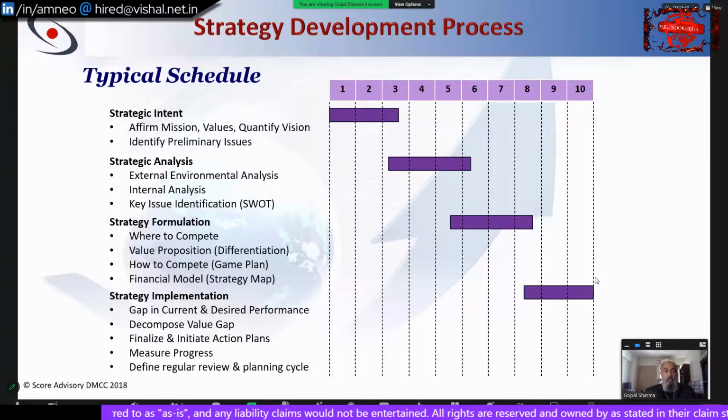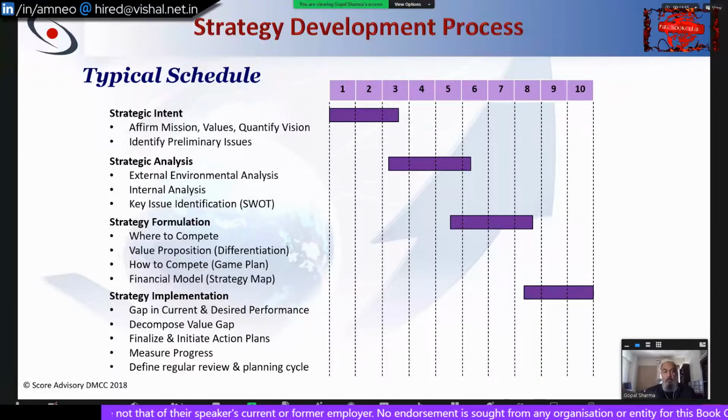And that we call SWOT analysis. SWOT stands for strengths, weaknesses, opportunities, and threats. We will be looking into SWOT analysis a little later in detail. Once you identify the key issues, then you develop your strategy, that these issues, whether positive or negative, how you are going to deal with those.